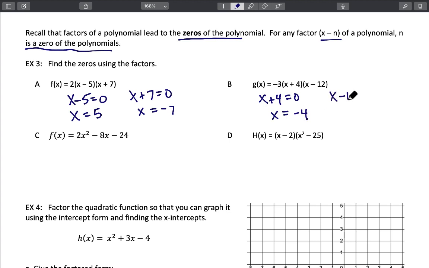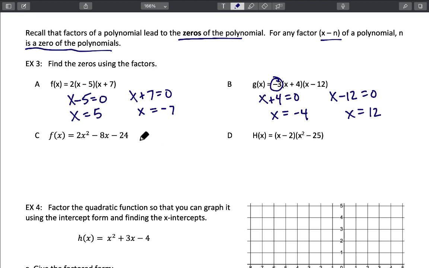Then x minus 12, set that equal to 0, and x is equal to positive 12. Notice that I don't do anything with that negative 3, the a value. It's not really a zero. It doesn't contribute to the zeros of the polynomial. It is a factor, but it's not a zero.